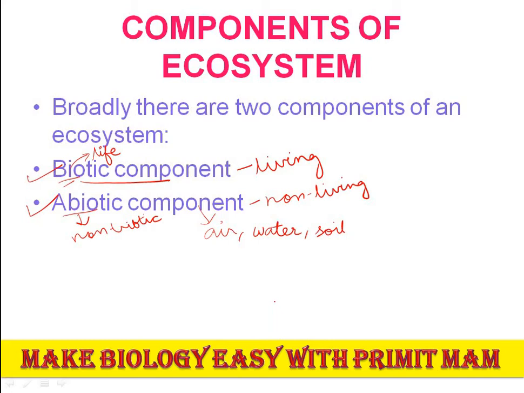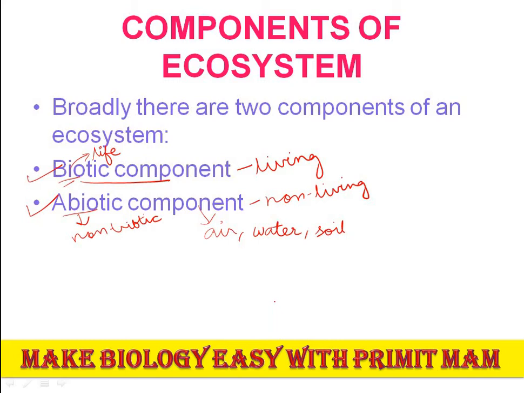So, abiotic components play an equally crucial role because without them, the biotic components are not going to exist. You think of any other ecosystem, whether natural or artificial, terrestrial or aquatic. There exist certain living components and certain non-living components. So, both components are required for an ecosystem to exist.